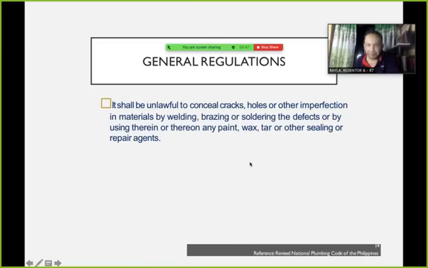So in the piping, you cannot just cover the cracks by means of welding or bracing, and then just put wax or paint, no. By pressure, it will not work, no. So it should be welding, bracing, or other soldering, no?